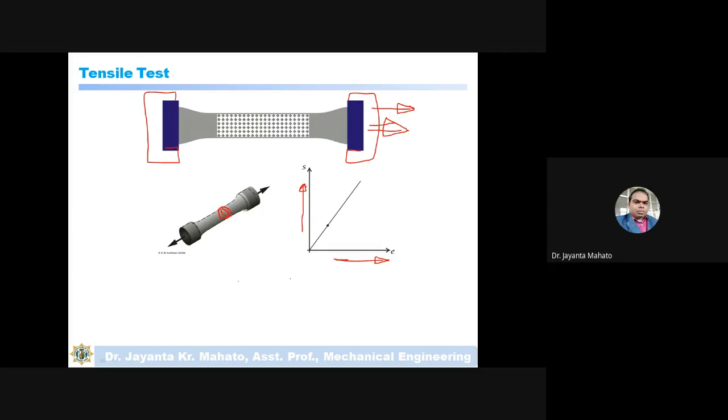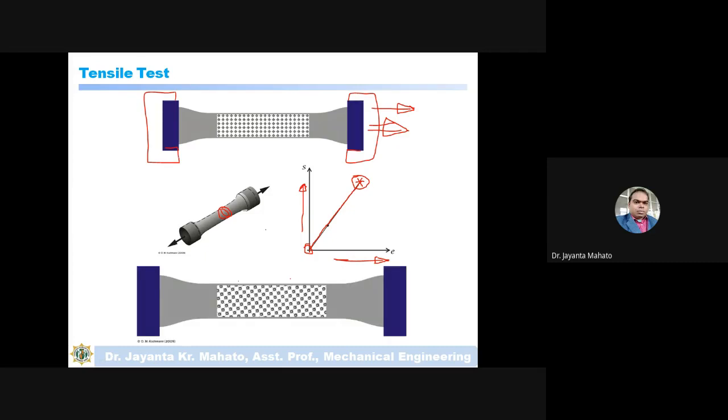As we elongate the specimen, more and more stress will be required. Now, after achieving this amount of strain, if you unload, means if you remove the load completely, then what will happen? The material will come back to zero position, and this is called the elastic behavior, or this part is the elastic region.